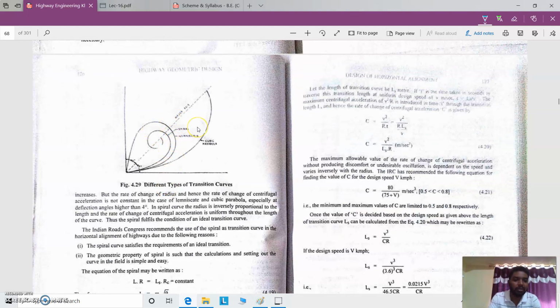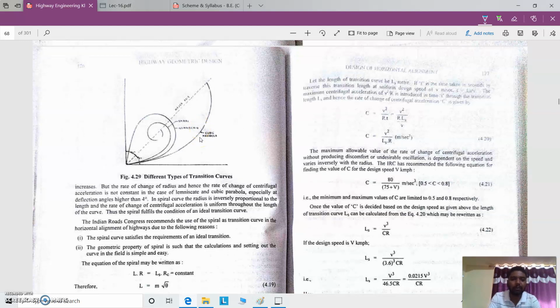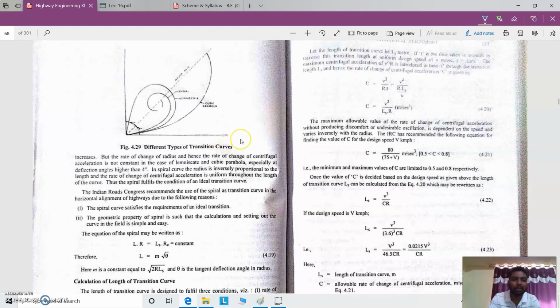Among these curves, the Indian Road Congress recommends using the spiral transition curve in the horizontal alignment of highways. As we have studied, why is it required?